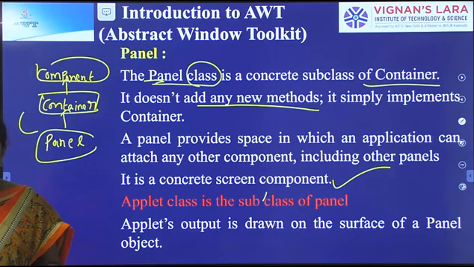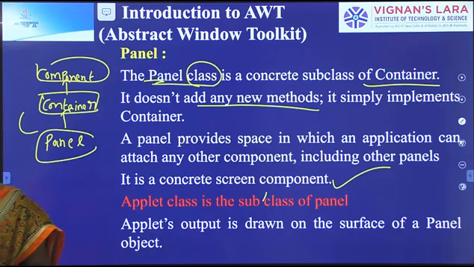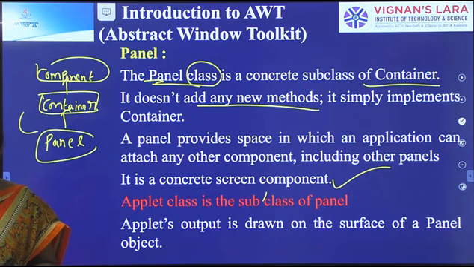Generally every subclass has some of its own data members and member functions, but the panel does not have any new methods. Simply it implements the container class. So all the methods available in the container class are applicable to the panel class, because panel does not have any new methods.